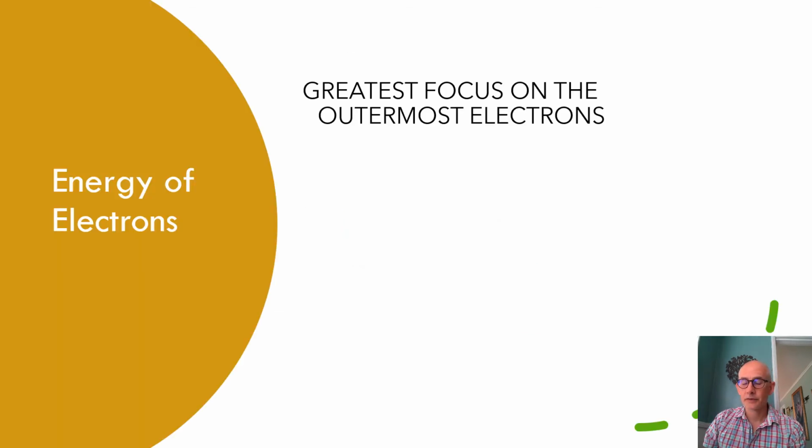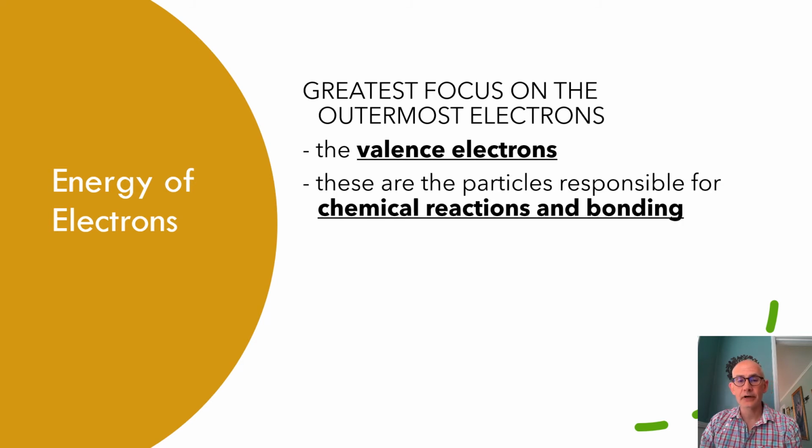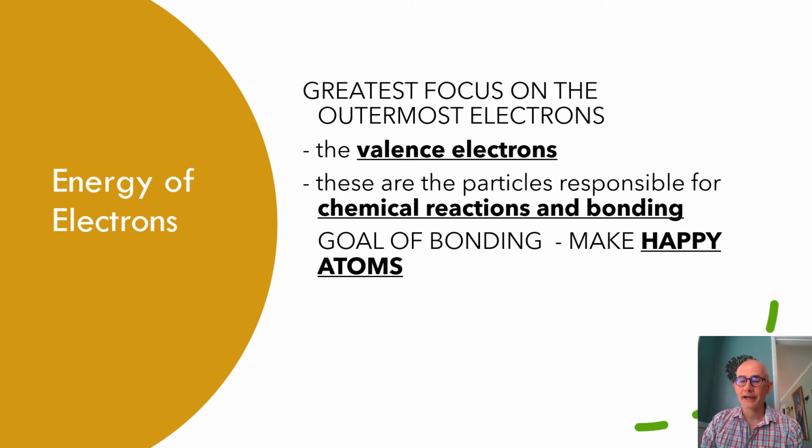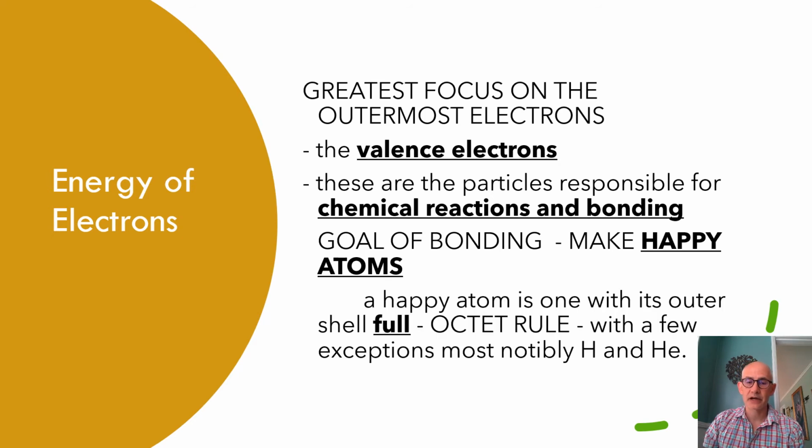All right, so when we talk about electrons, we talk about the valence electrons. So those are the ones in the outermost level. And for the most part, happy atoms have 8 electrons, or the octet rule. There are notable exceptions, hydrogen and helium, because they only have 2 electrons in their shell. And other ones that are notable are things like phosphorus and sulfur.